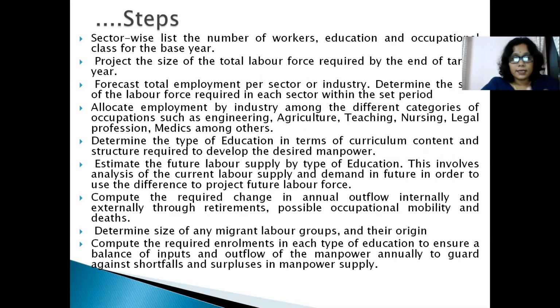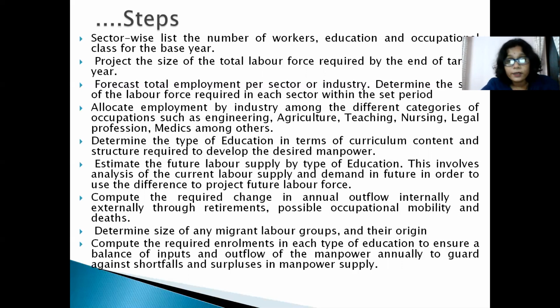Second step is projection of the size of the total labor force required by the end of the target year. Next step is to forecast total employment per sector or industry. Then determine the size of the labor force required in each sector within the set period. In the fourth step, allocation of employment by industry among the different categories of occupations such as engineering, agriculture, teaching, nursing, legal profession, medical science.